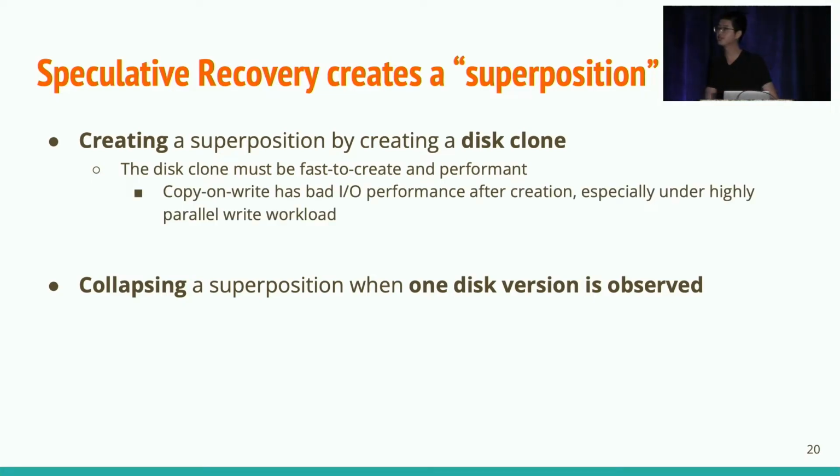And copy on write is a common technique that can be fast to create a clone, but it provides bad I/O performance after creation, especially under highly parallel write workloads, such as during recovery.